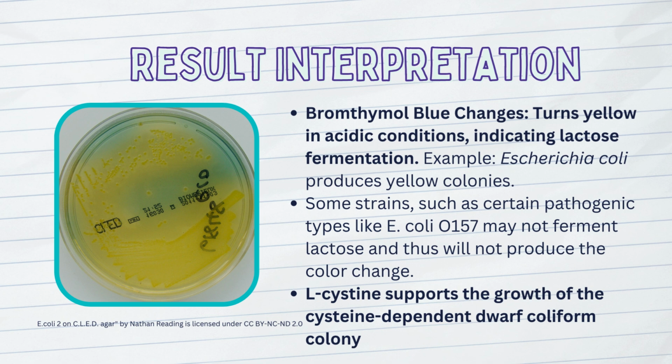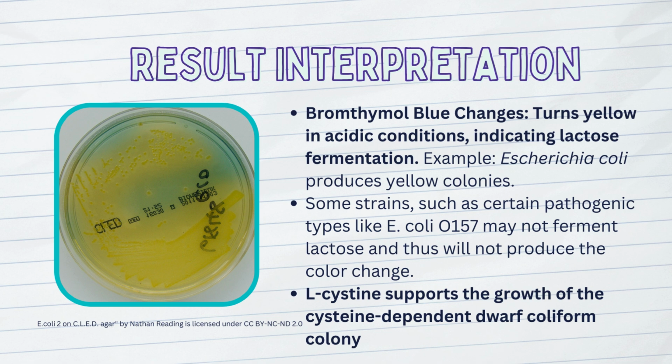But like I said, don't forget that some strains of certain pathogenic types of E. coli, such as O157, may not ferment lactose and will not produce a color change, so they will stay blue.